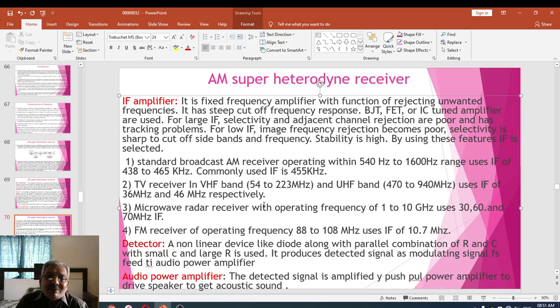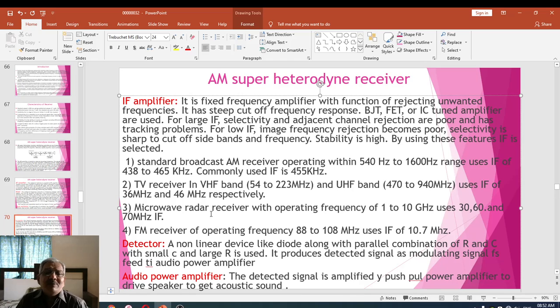In the VHF range the IF is 36 MHz, and in the UHF range, within 470 to 940 MHz, the IF is 46 MHz.